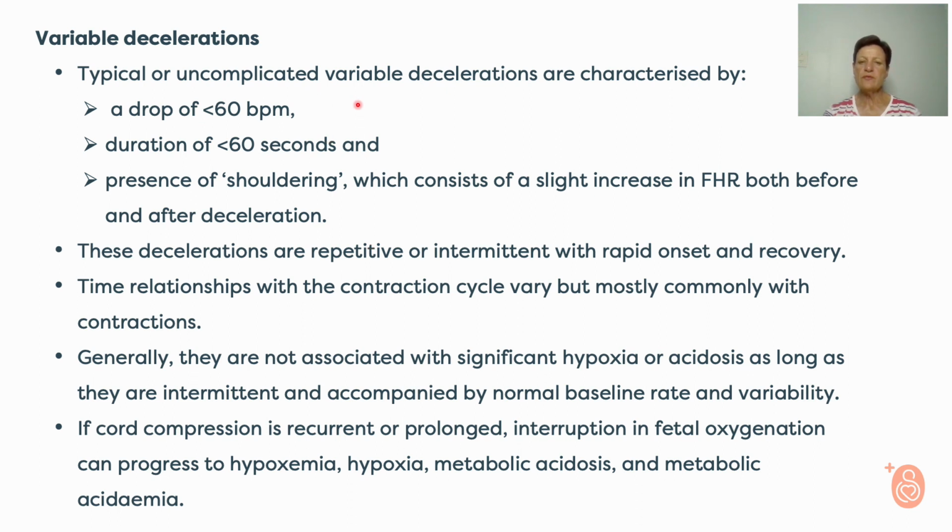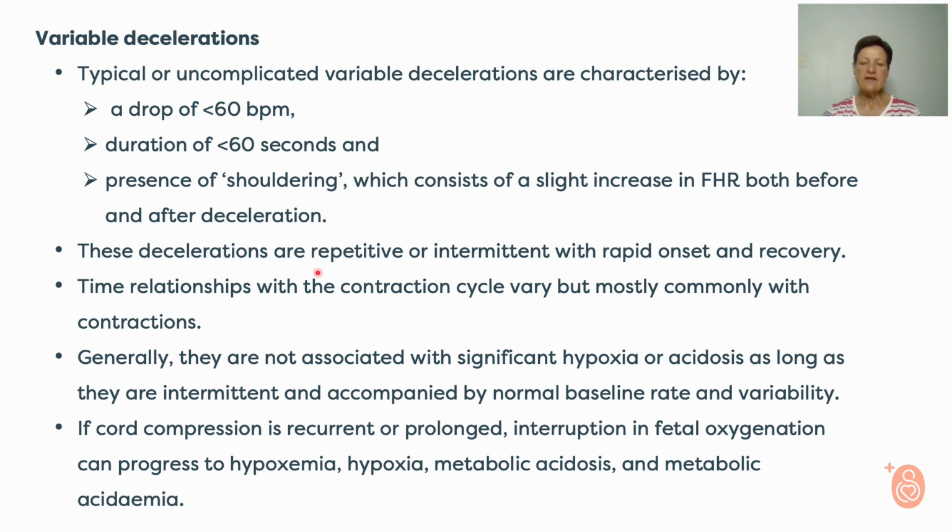When is it normal and when is it not normal? We have what we call a 60-60 rule. It's normal or uncomplicated when it usually drops less than 60 beats per minute, when it's less than 60 seconds in duration, and we have the presence of shoulders, which is a short little acceleration at the beginning and at the end of each deceleration, and I will show it to you on the example just now.